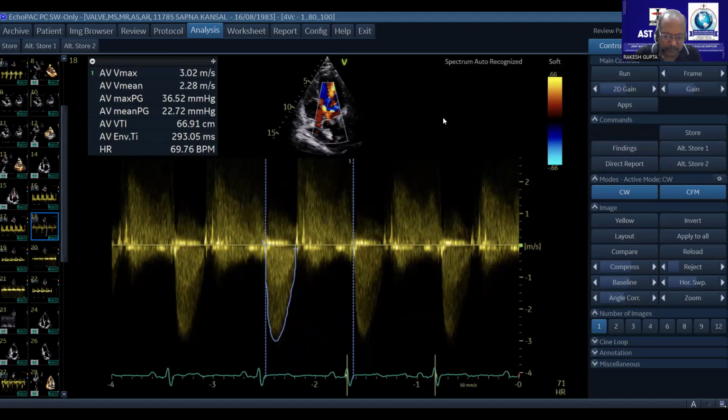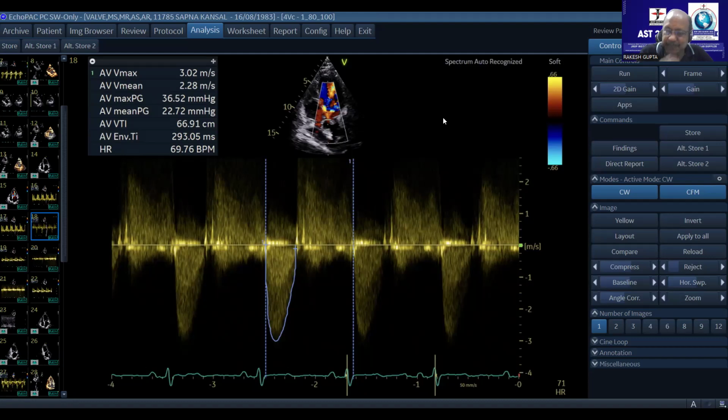What is the value? 0.622. So any dimensionless index which is less than 0.25 is considered severe. Very simple formula.